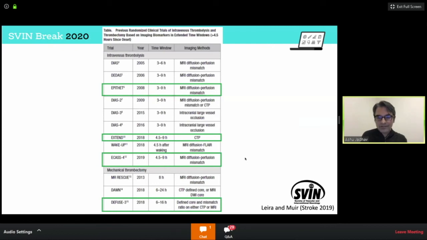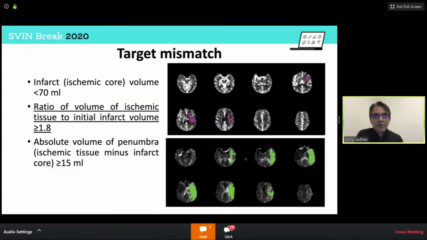So these are all trials that use perfusion mismatch to identify patients who have this slow progressor or tissue at risk target mismatch. What do we mean by target mismatch? This is a reminder of the definition that was used for the DEFUSE 3 trial: patients with core less than 70 cc's.